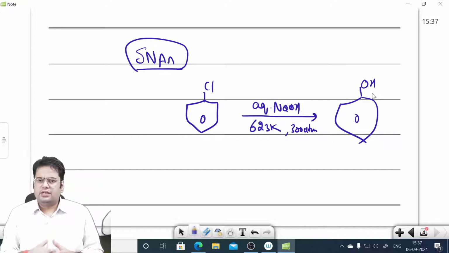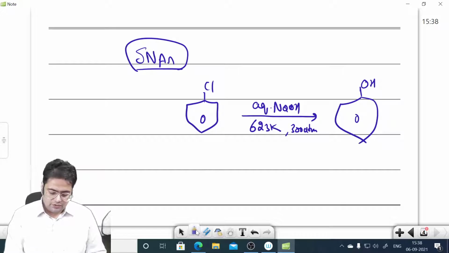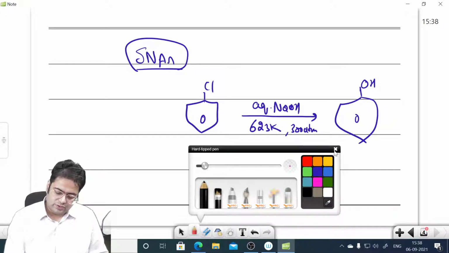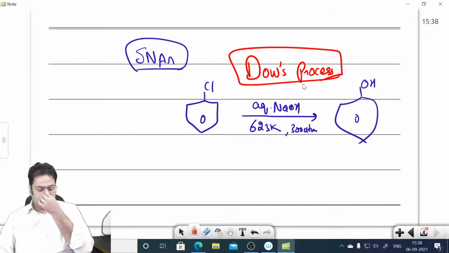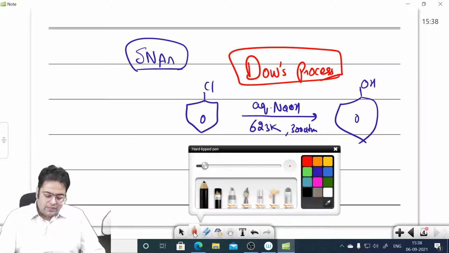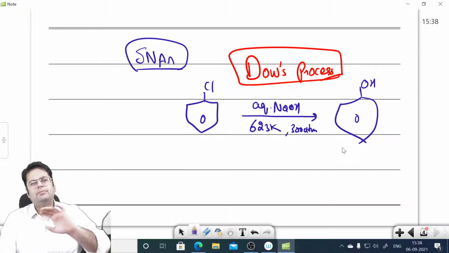In our Indian society, we call tau the person who controls and puts pressure on that kid to perform well. And in this reaction, the person who gave this reaction is known as Dow. So this is Dow's process. It sounds pretty similar to tau. So this is a way to remember this reaction.